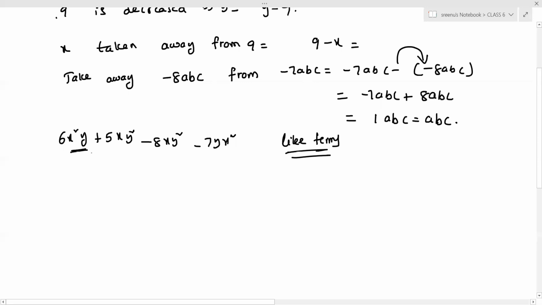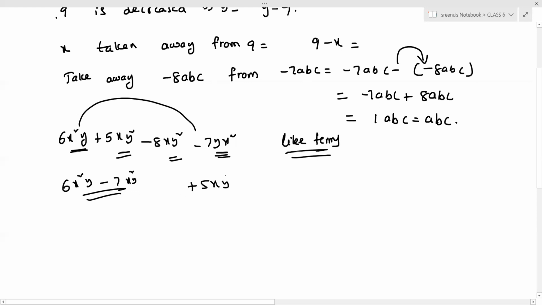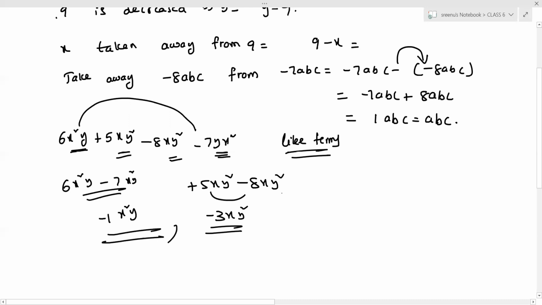Here x square y, xy square, xy square, x square y. That means the first and the last, 6x square y minus 7yx square, or x square y. Both are the same. These are like terms. Plus 5xy square. 6 minus 7 is minus 1. 5 minus 8 is minus 3. So like this it will go.